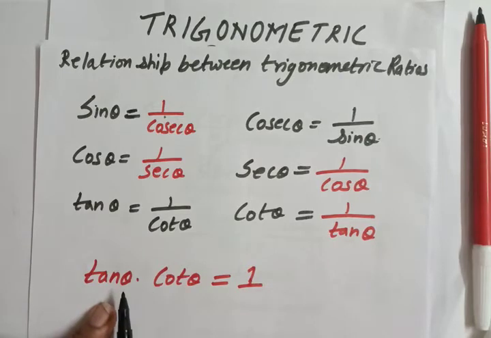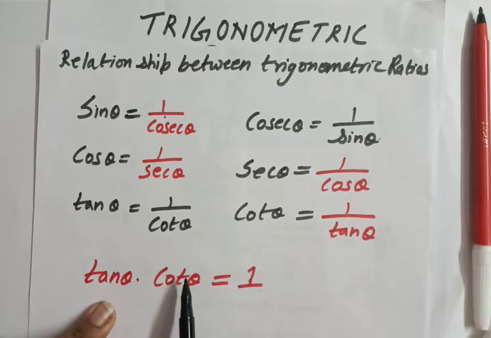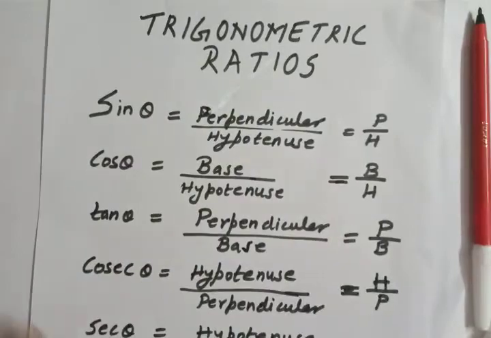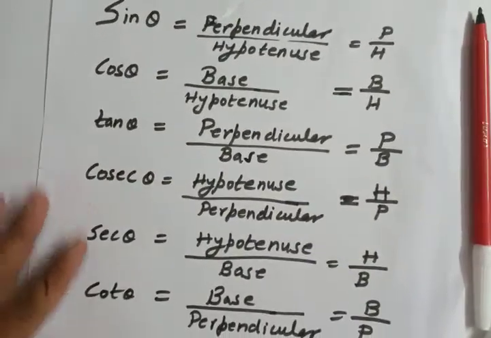If we multiply tan theta into cot theta it is always equal to 1. As tan theta is perpendicular upon base and cot theta is base upon perpendicular, when we multiply we will get 1. So I hope these ratios are clear, and you need to remember this.